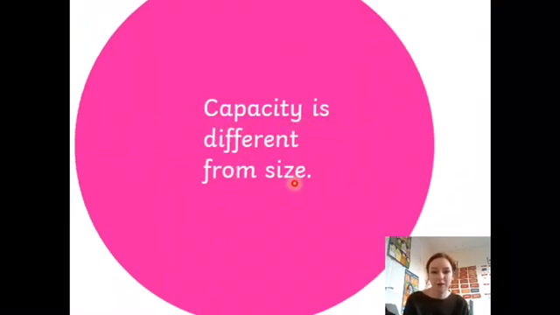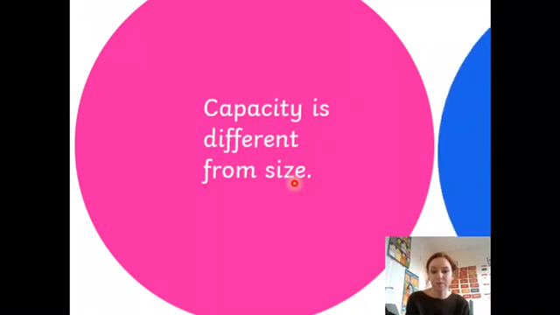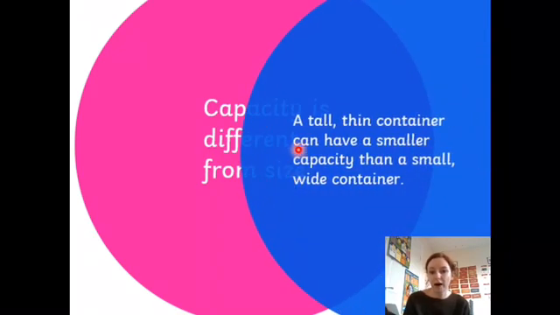This is where we have to be a little bit careful. A tall, thin container can have a smaller capacity than a small, wide container. So that just means that even if a container is taller, it doesn't always mean it's going to hold more than a smaller container.